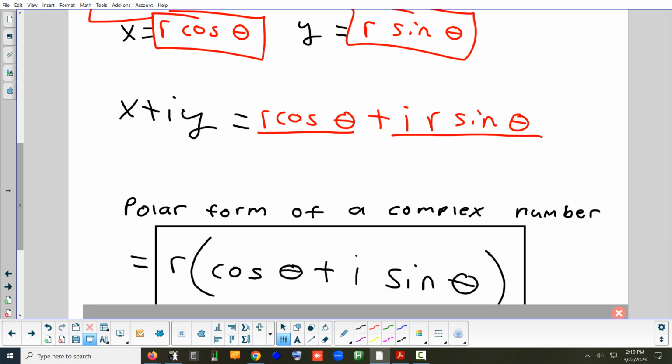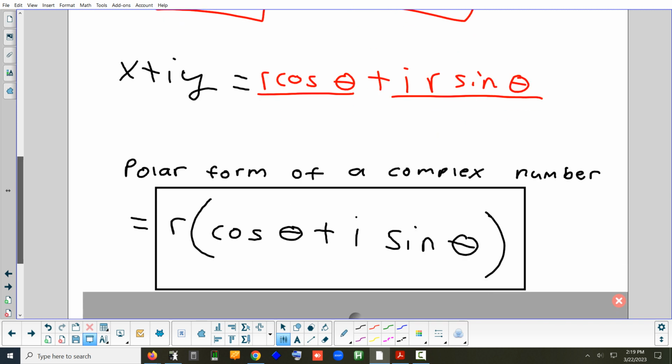So the way we write it as simplified as possible is we take the r, because they both have it in common, and we pull that out in front. And we end up with cosine theta plus I sine theta. If you distribute this r back out, we'll go right back to what we had. But that's called the polar form of a complex number.